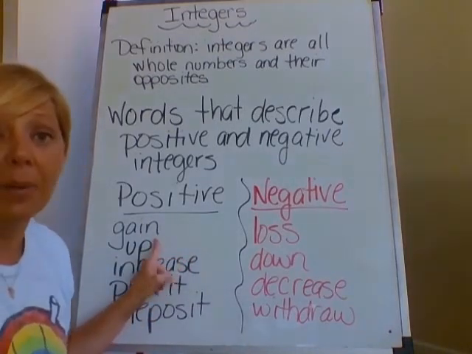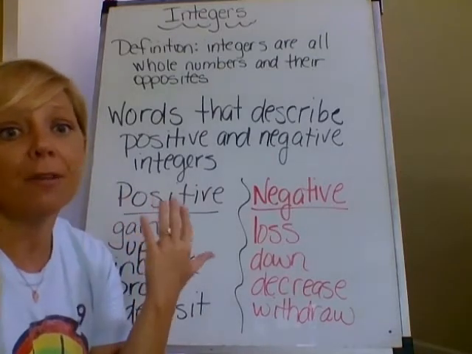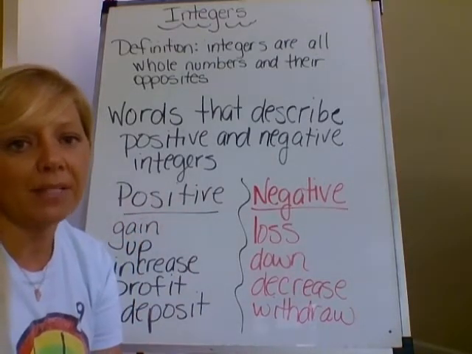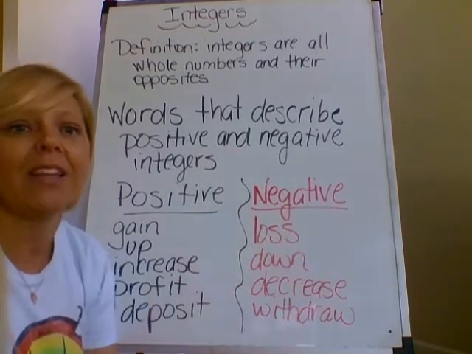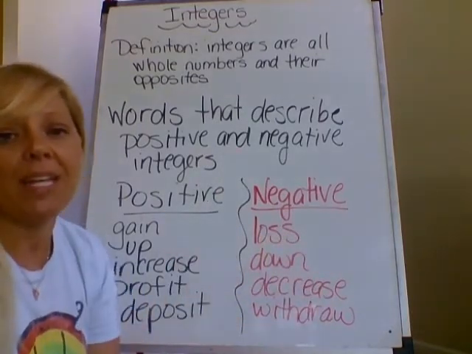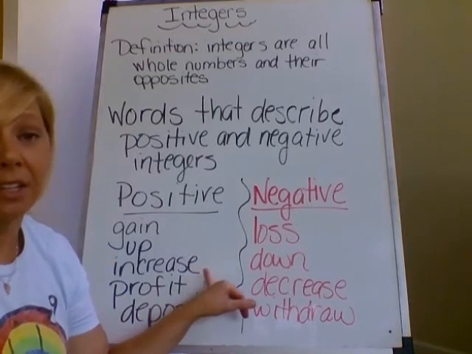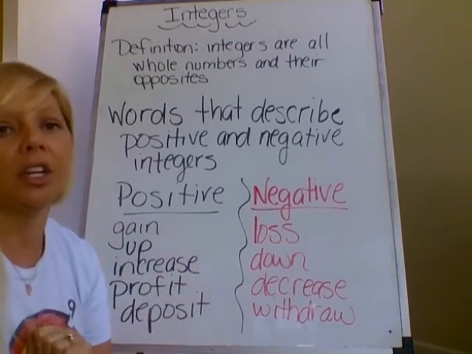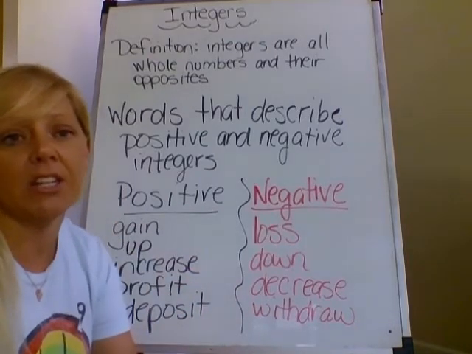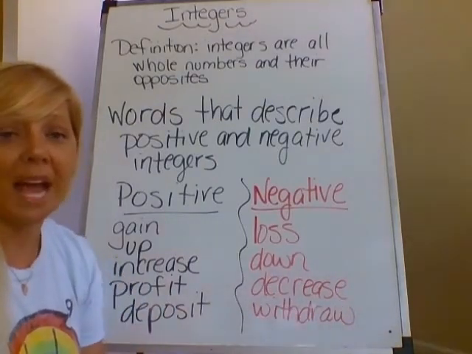If we go up, so let's say we jump 5 feet above sea level, that would be a positive number. Or if we jump down, like into a hole, so that would be negative. Going up is an increase, so this could be increase in temperature, increase of money, increase in time that it takes you to walk somewhere. Decrease, so that would be going down.